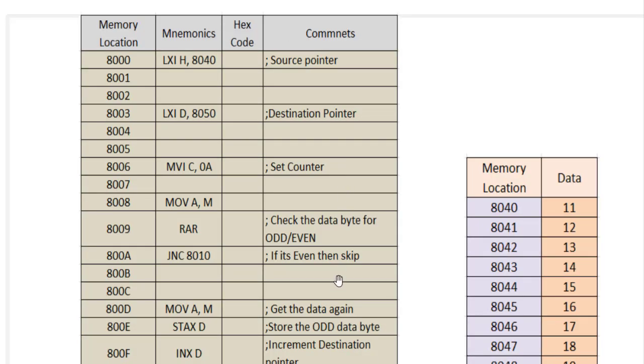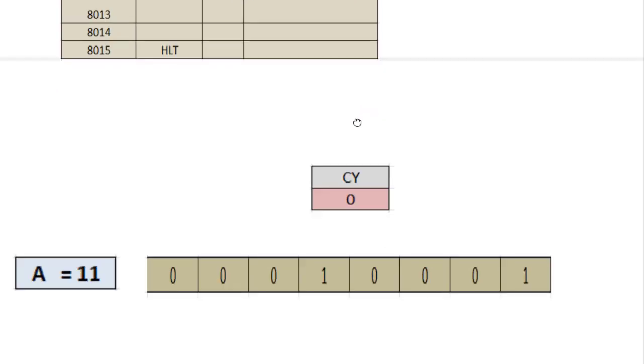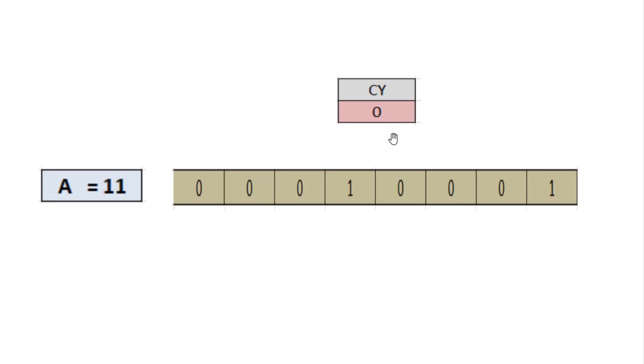Now before seeing the program, let us see what logic we will be using. Let us assume that A contains 11, data 11, which we got from the memory location. Now let us find how we can detect whether the data byte is odd or even.